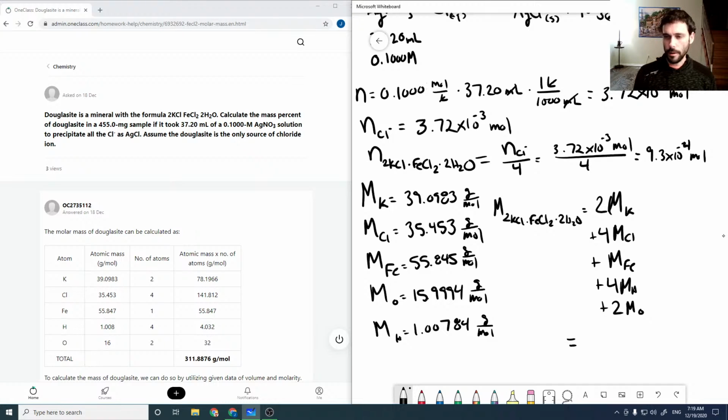And if we put in the relevant values and run this through, we'll get 311.88376 grams per mole.